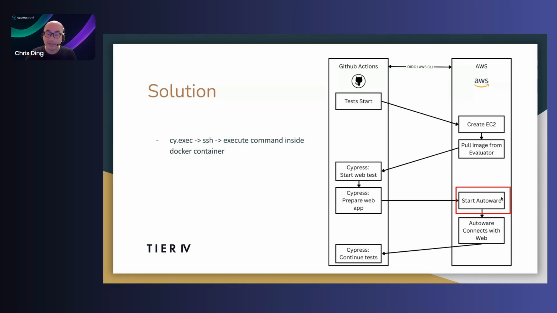And once Autoware is started, Autoware can connect to the web with the edge component. And then Cypress connects to the web with the help of AWS Greengrass, which is already something that you need to know, but it's not part of the test, but the part of the application.